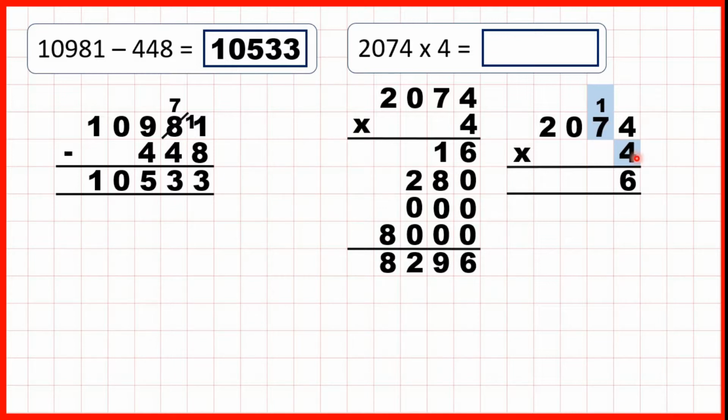So 7 times 4 is 28, plus 1 is 29, which we need to write 2, 9. Now 0 times 4 is 0, plus 2 is 2, and finally 2 times 4 is 8, so we get the same answer. That's 8,296.